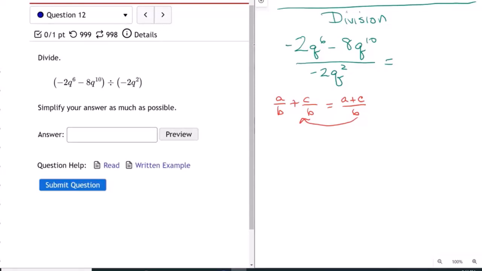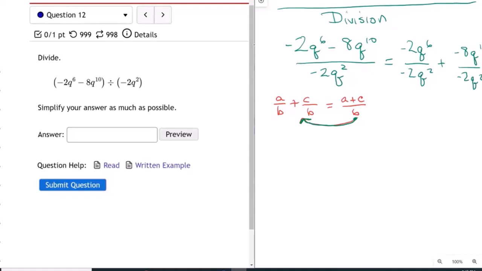I'm going to say this is minus 2q to the 6th over minus 2q squared plus minus 8q to the 10th divided by minus 2q squared. So I went from having them both in the same fraction with a common denominator to splitting them into two separate pieces where they have a common denominator.